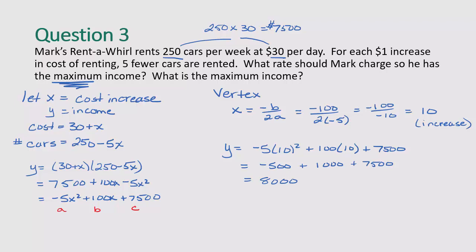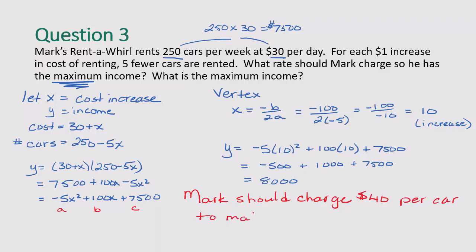So my final answer for this is Mark should charge, and the increase is $10, and he was charging $30, so he should charge $40 per car to make the $8,000 maximum.